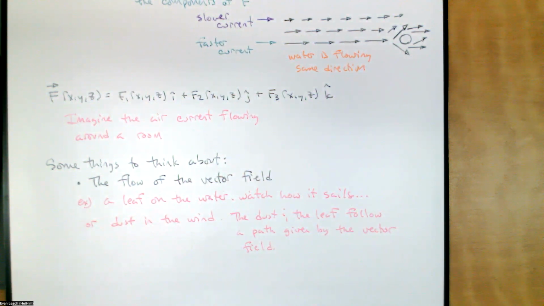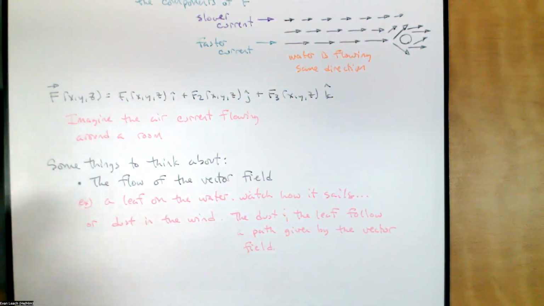Some other things we're going to think about: imagine if we want to carve our own path through the vector field. How does the vector field help or hinder us as we go along? How much are we going with the flow? How much are we going against the flow? So another thing that we might want to think of is carving our own path through the vector field.